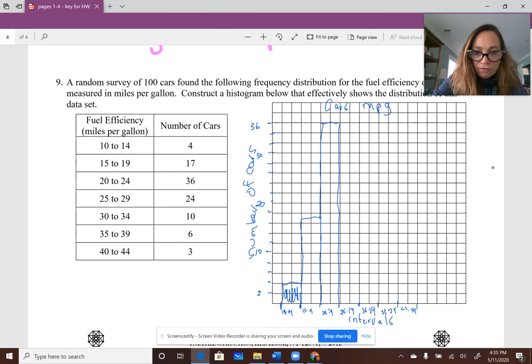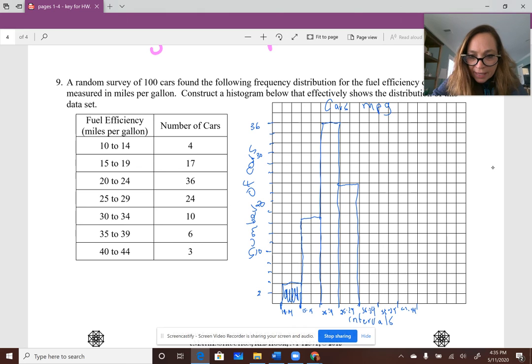And then 25 to 29, 24 is right here. And then 30, wait, I think I messed up. Okay, 4, 17, 36, 24.